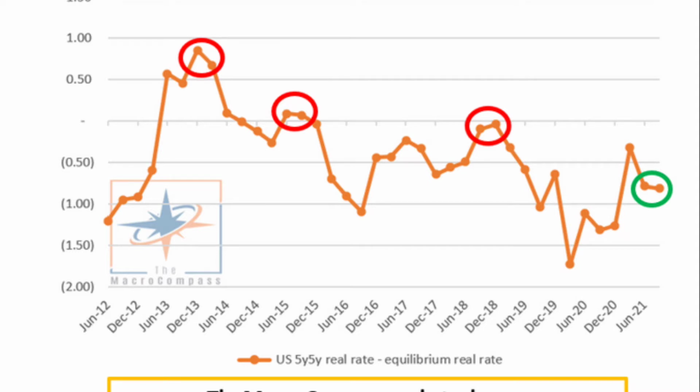They do this in absolute terms, but also in relative terms. So the R star represents the equilibrium risk-free real yield at which the economy runs. We use the bond market to see if things are expensive or cheap, more to follow on yields and the R star that the Federal Reserve uses.